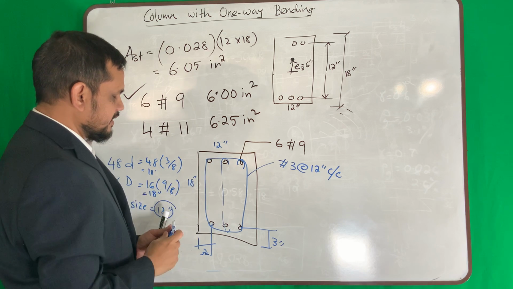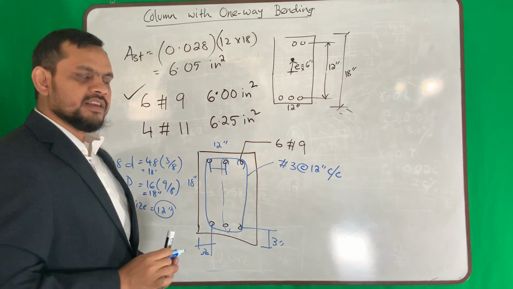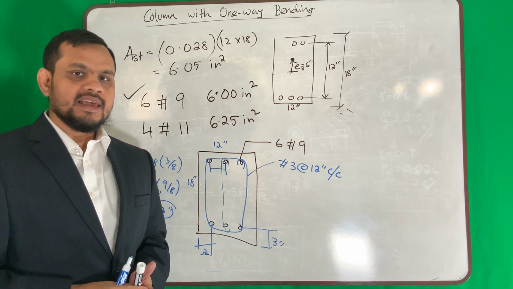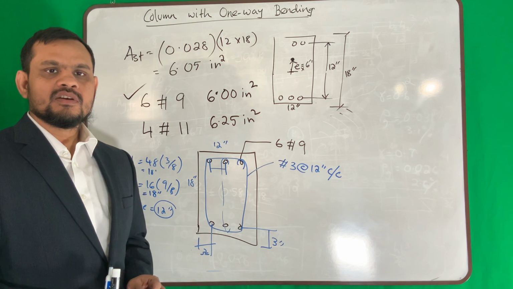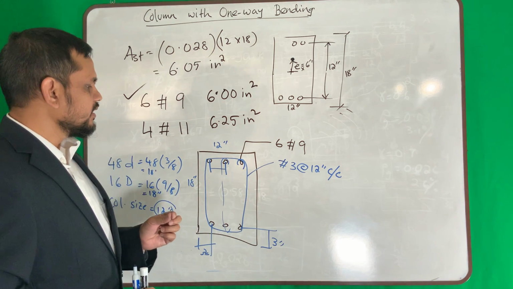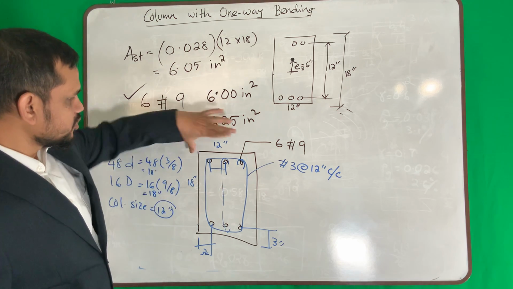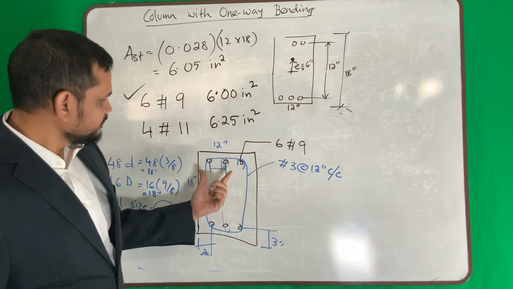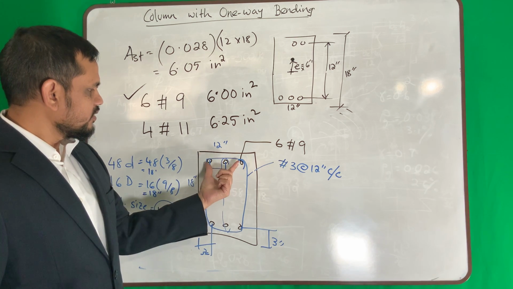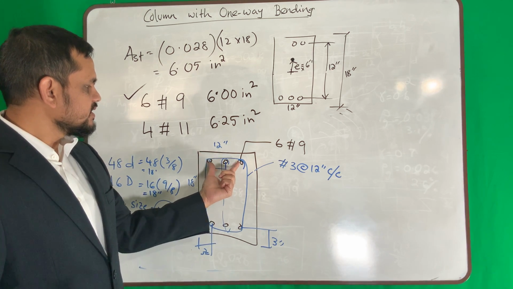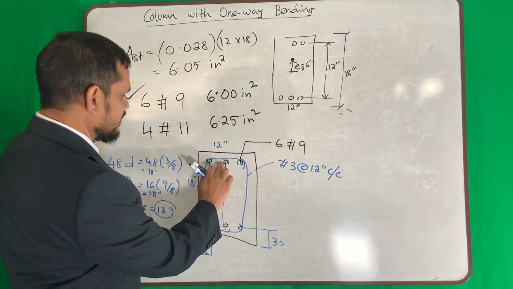If the spacing from here to here is less than 6 inch, one bar can be unattended. If it is more than 6 inch, then we must need a bar. So total is 12, 3 inch, 3 inch off. So here to here is 6 inch. Inside 6 inch 3 bars. So we do not need an additional tie bar here.